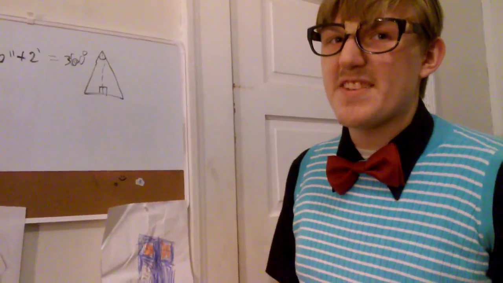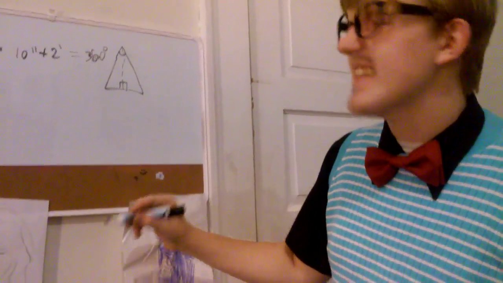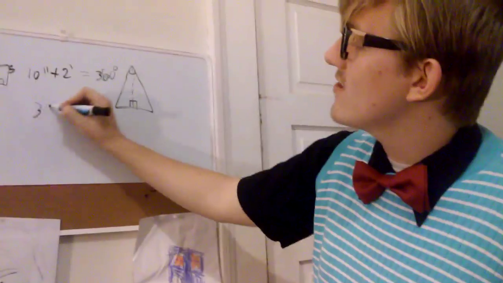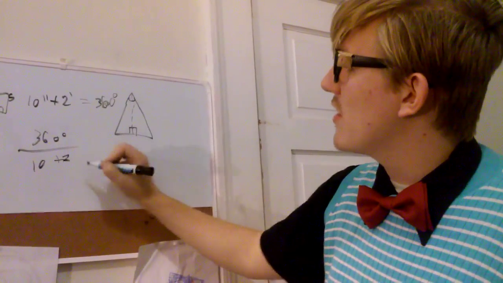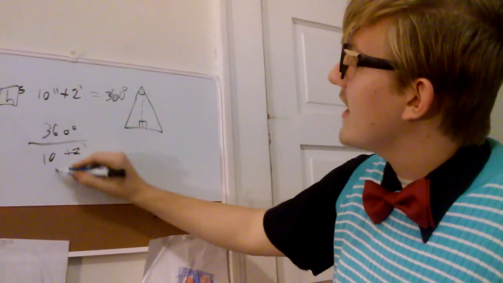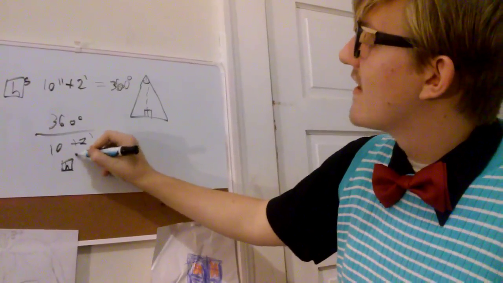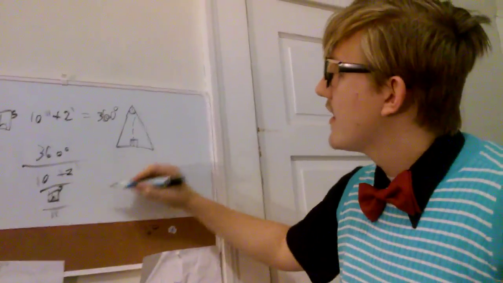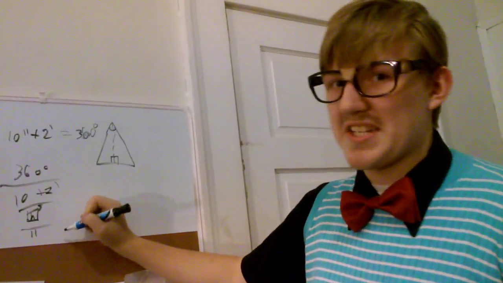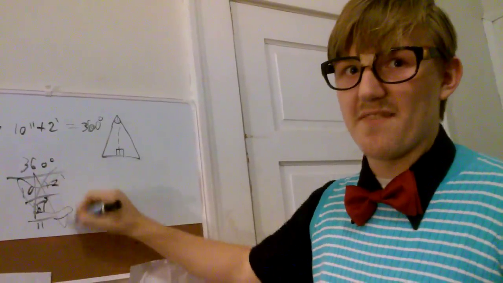To find if it's Celsius or Fahrenheit, you have to take the 360 degrees divided by the 10 foot plus 2 inches, and h in a box 5 divided by 11. Now, this is a very complex inversion factor that we have no time for.